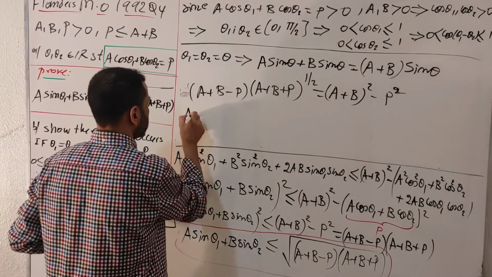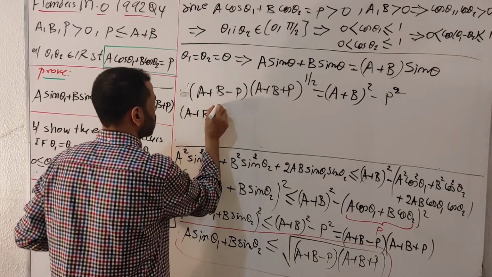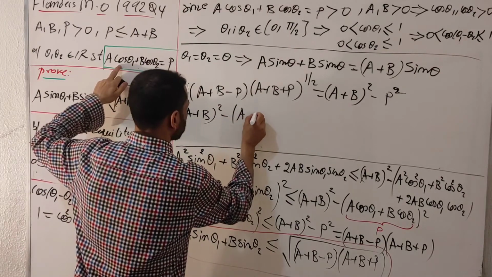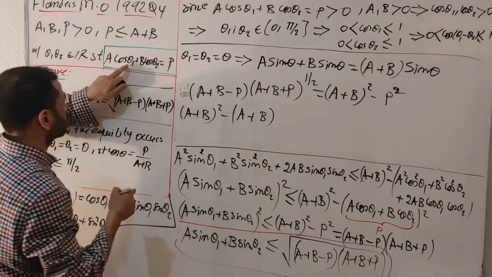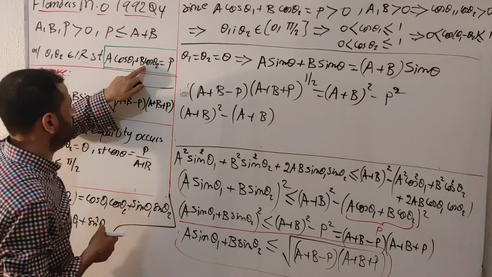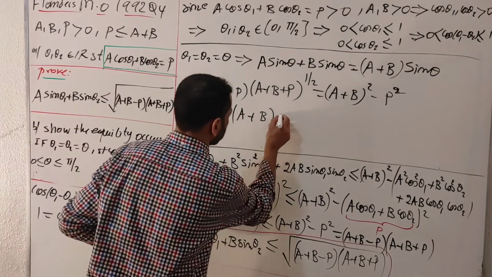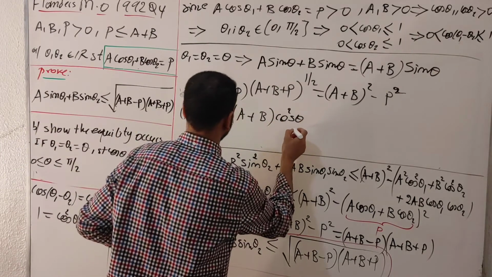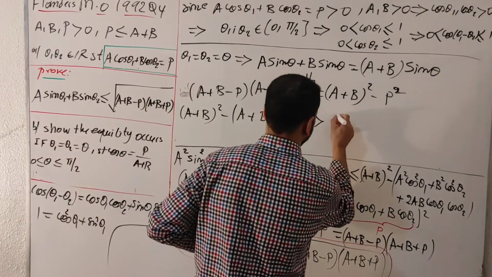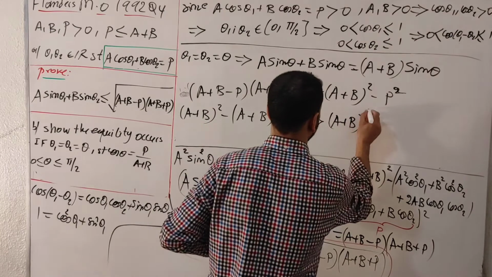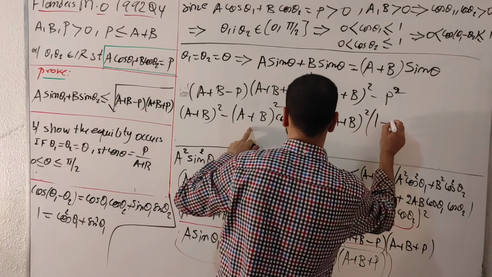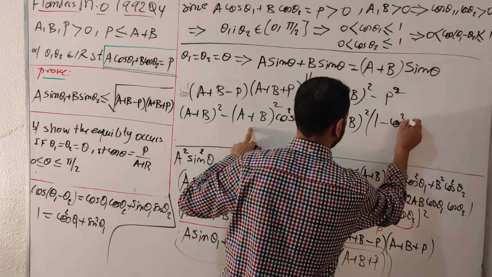I will have capital A plus capital B quantity square minus capital A plus capital B, because I'm replacing theta 1 and theta 2 with theta. So we'll get A plus B as a common factor multiplied by cosine square theta. Okay, I'm going to take A plus B as a common factor. I will have capital A plus capital B factor 1 minus cosine square theta.